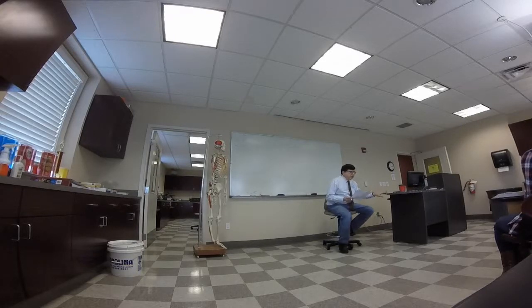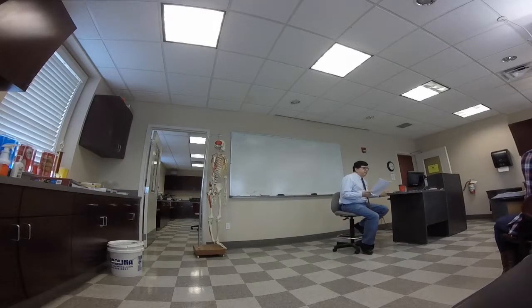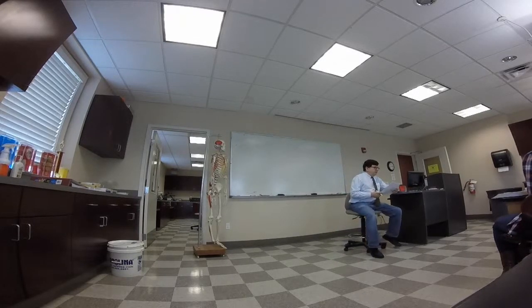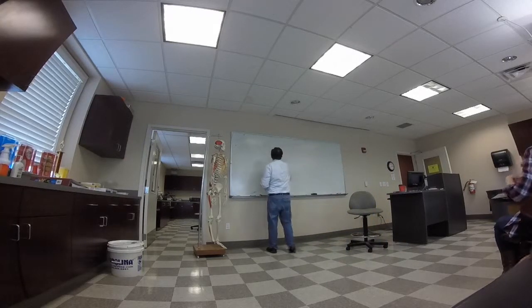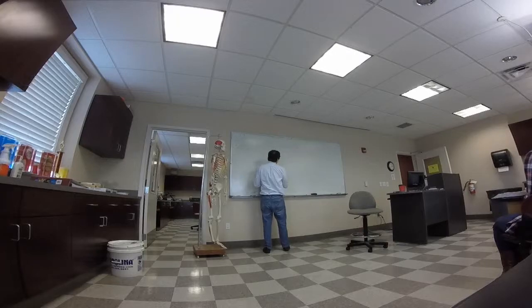So number 11, based on this passage, which of the following can be inferred? A, the oxyhemoglobin dissociation curve for fetal hemoglobin is shifted to the left compared to normal hemoglobin. Let's go back. 60, 90.